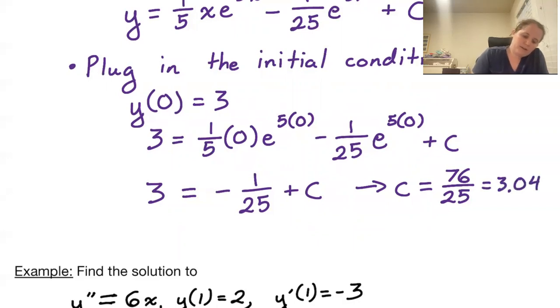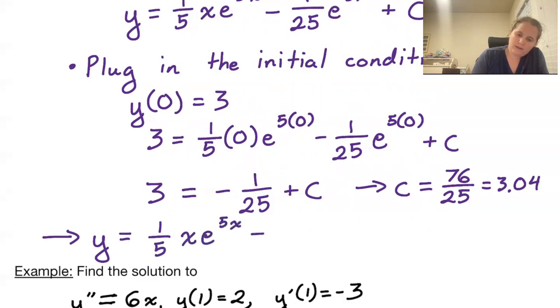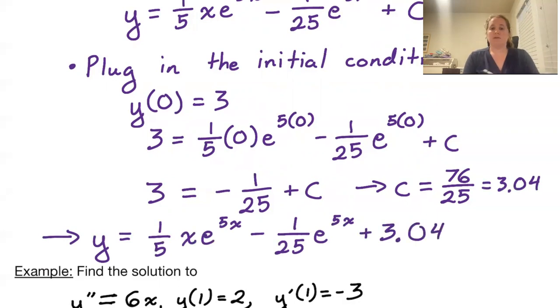And so we finally get our solution is that y is equal to 1/5 x e to the 5x minus 1/25 e to the 5x plus 3.04 or 76/25, however you want to look at it.